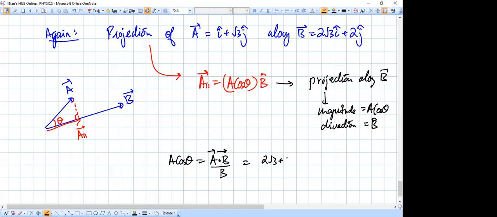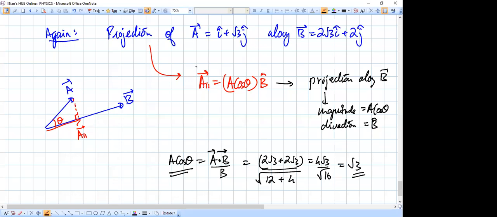It is 2 root 3 plus 2 root 3 or 4 root 3. And the vector B's magnitude is how much? It is square root of x component square, so that is 12, plus y component square, so that is 4. So root 16. So this is root 3. Okay. So A cos theta is root 3.